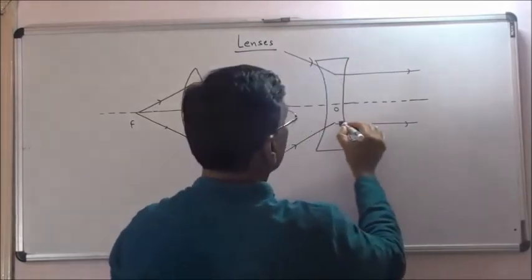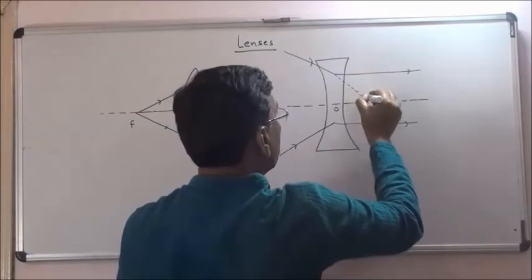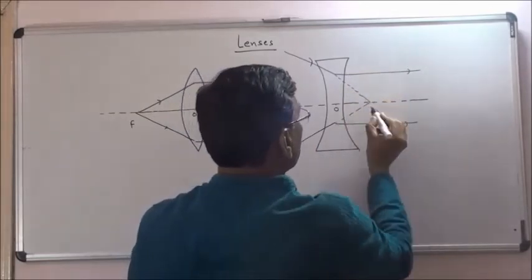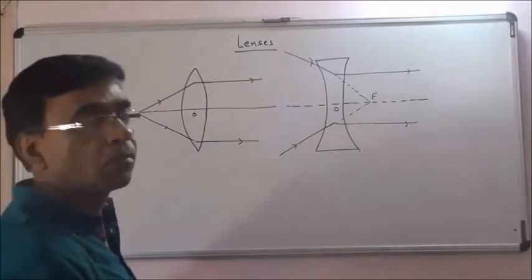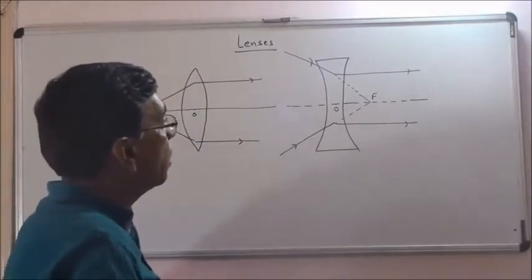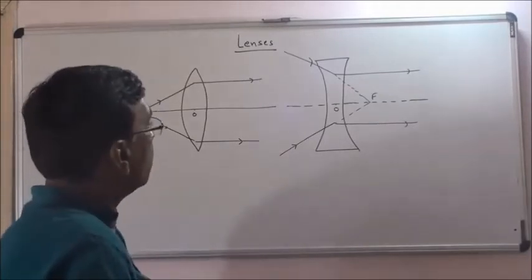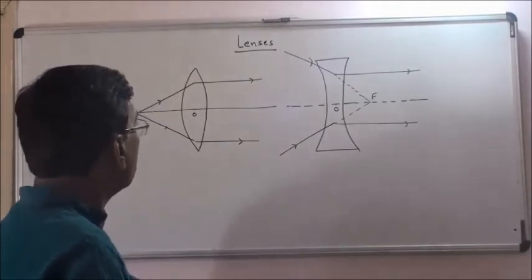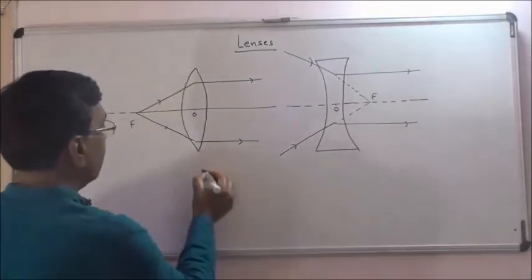They were coming in this direction, so it has diverged them. And where were they going? They were approaching this point. So here, this is the focus. And there is another way of defining focus actually. We call this the principal focus or first focus.